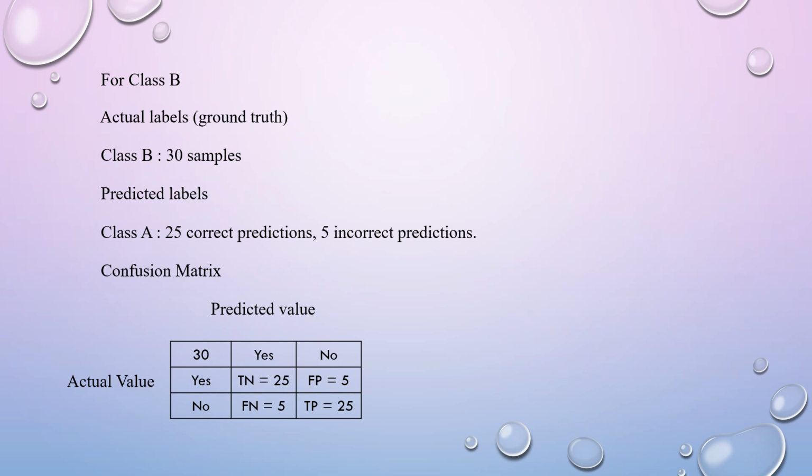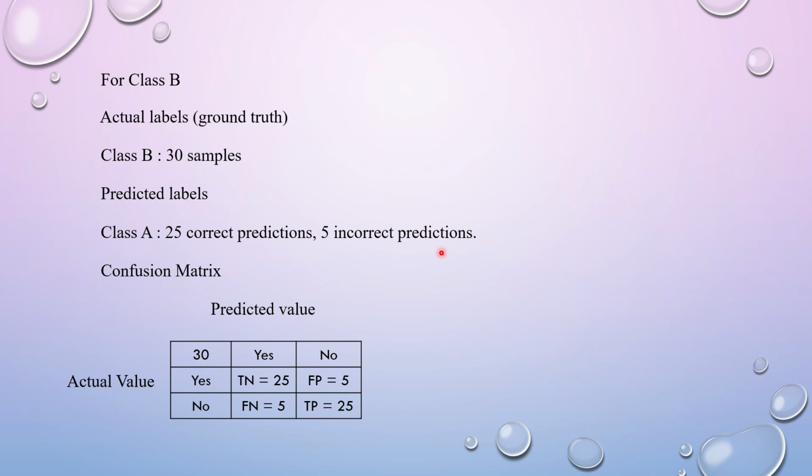Same here we draw the confusion matrix for class B. Actual labels and predicted labels are given. For class B, actual labels 30 samples, meaning total samples are 30. 25 correct predictions and 5 incorrect predictions.